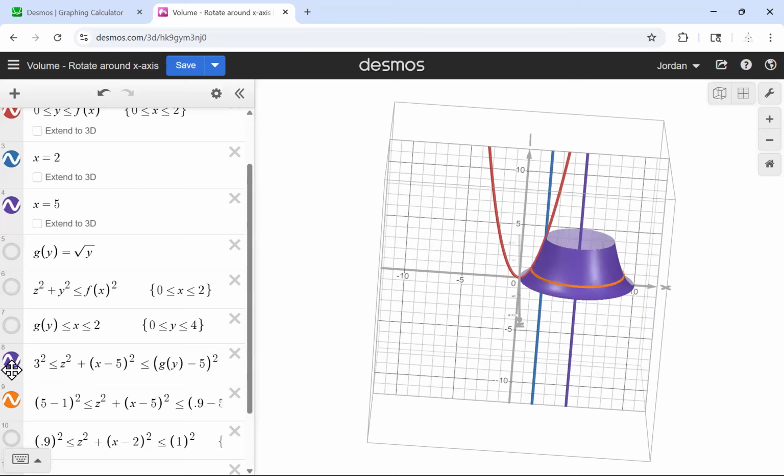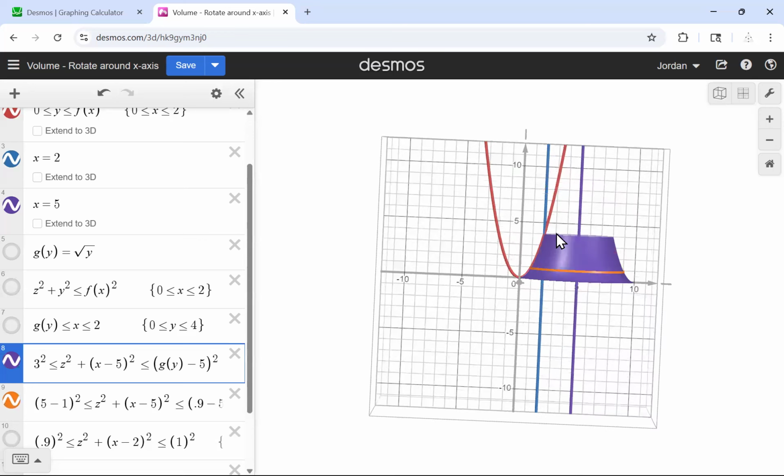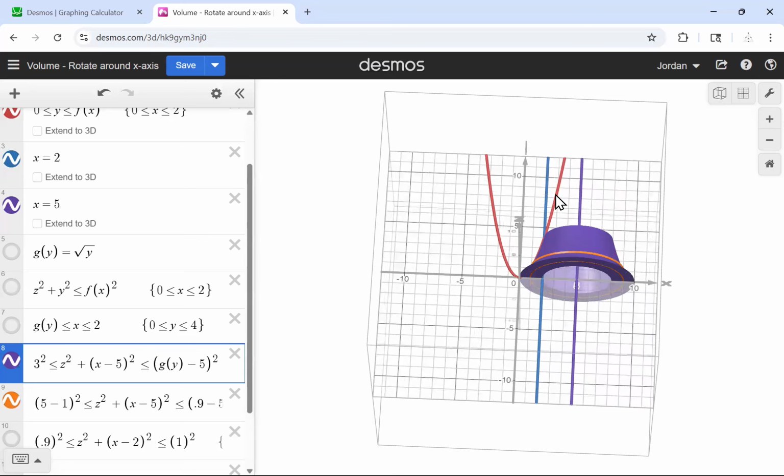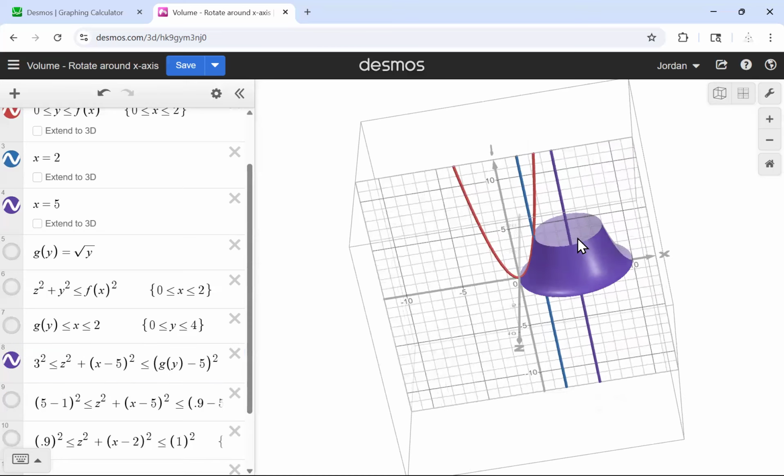So again, heights of the things were the same, but now we're rotating around a different line. So we get that picture, and the volume of that object we just saw is about 58.64 around this purple object there.